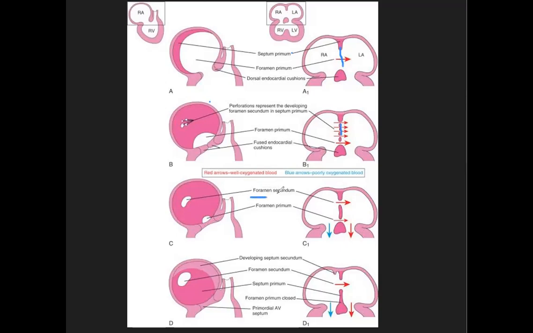We see MCQs regarding foramen secundum and foramen primum, and you should know that secundum is up and primum is below. Please remember this.